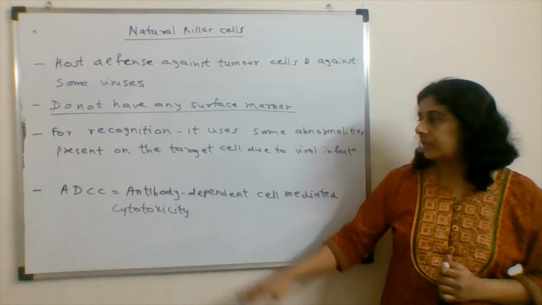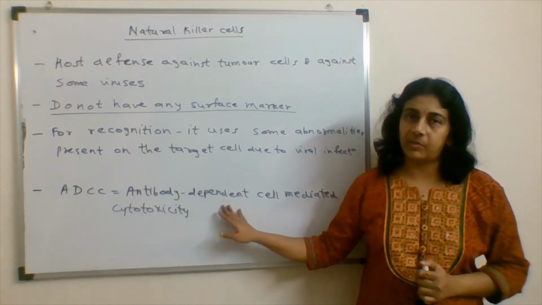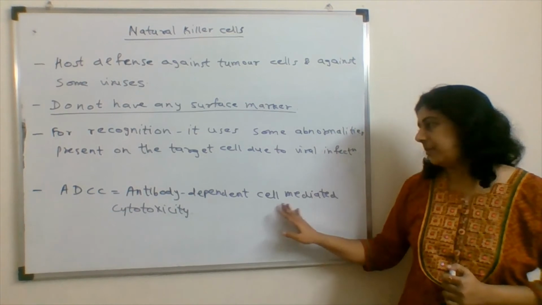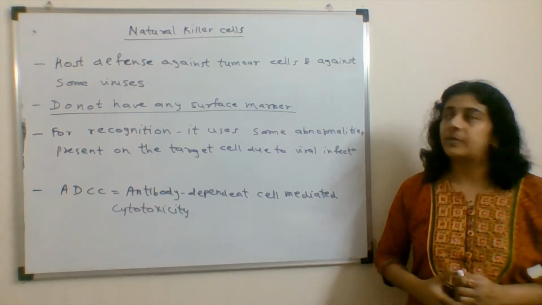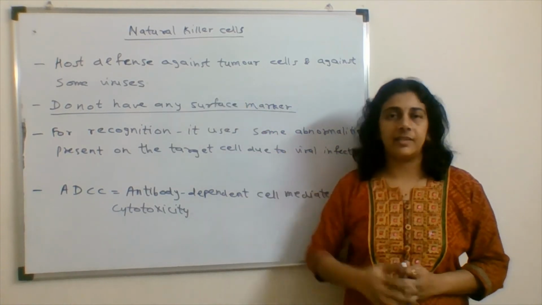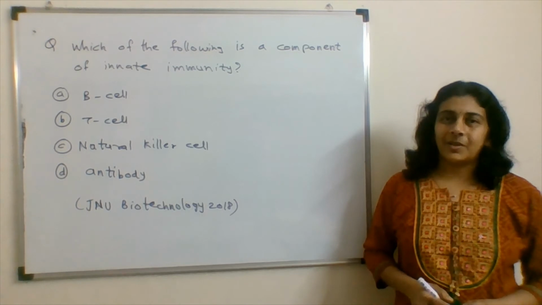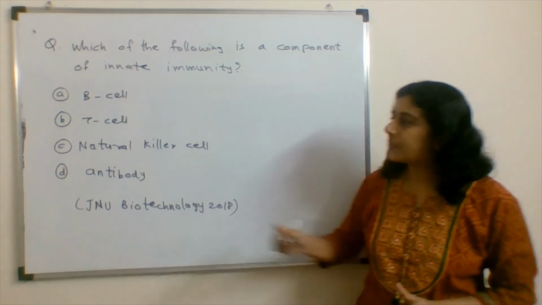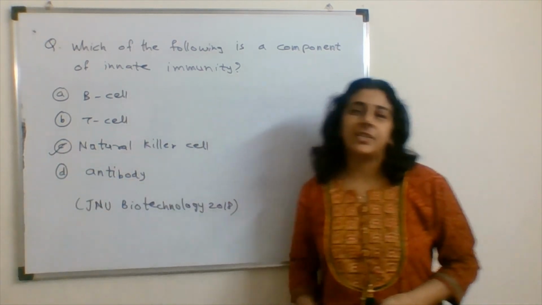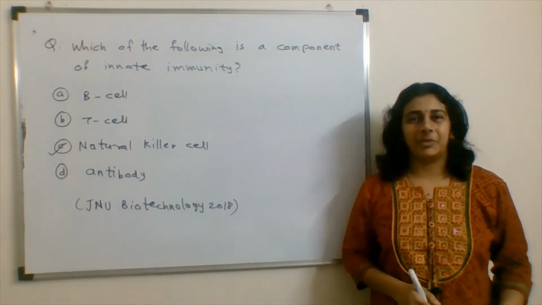The phenomenon is known as ADCC, antibody dependent because an antibody is involved, and cell mediated cytotoxicity. The cytotoxicity is performed by these natural killer cells. So with this discussion, we find the answer to the question is option C. Natural killer cells are considered to be a component of innate immunity.